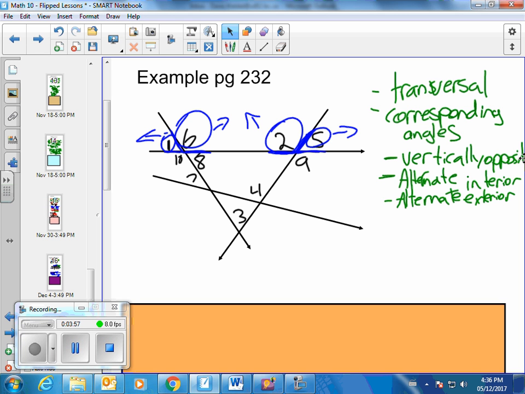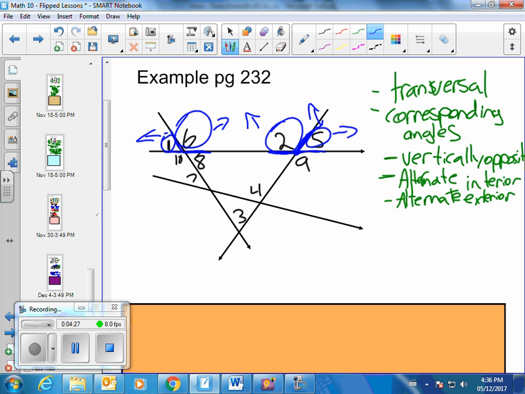The next one we've got to come up with is vertically opposite angles. When we talk about vertically opposite angles, we're looking for a transversal, just like that one, and we're looking for angles that are on opposite sides of it. They have to share a vertex, which is basically both of them have to have the same point from which their angle is opening.